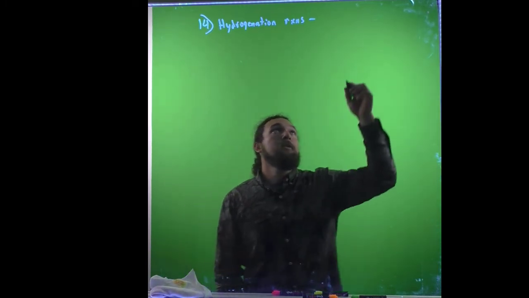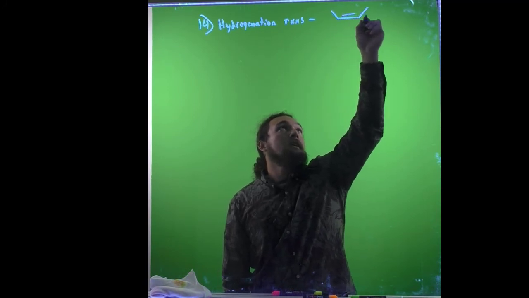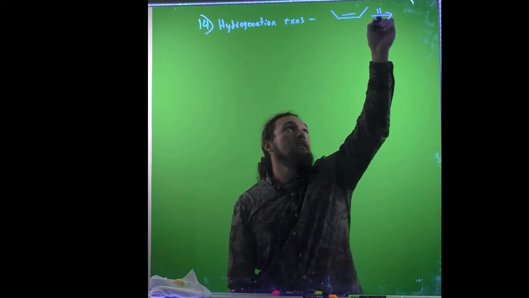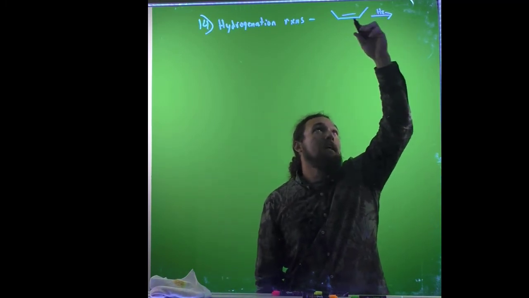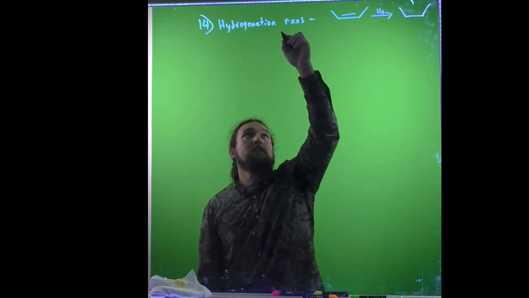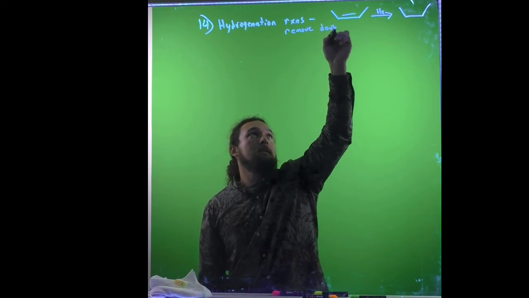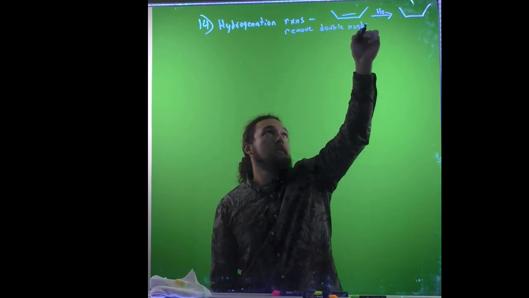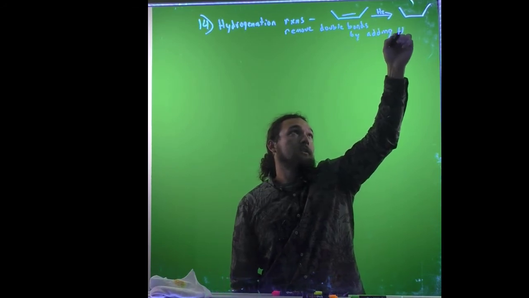And basically what we do is when we have an alkene, if we do a hydrogenation, when we add H2 in a certain fashion, it removes the double bond. Okay, so hydrogenation you can think of as remove double bonds by adding H's.